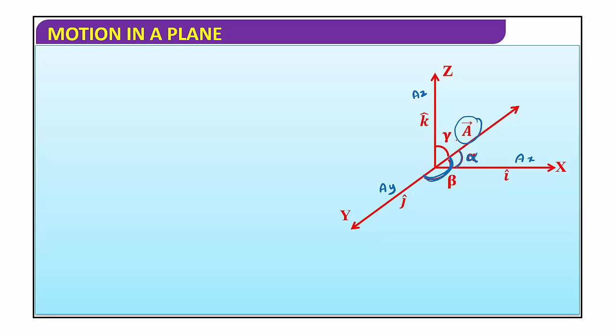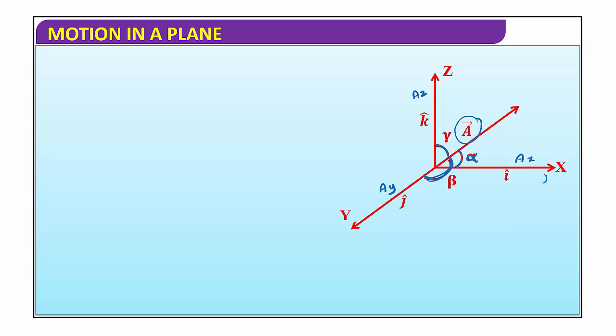Then similarly gamma, gamma is the angle between vector A and its z component. See here once again, alpha is between A and AX, beta is between A and AY, gamma is between A and AZ. Is it clear? Alpha, beta, gamma. Then their directions are given by the unit vectors i cap, j cap and k cap.